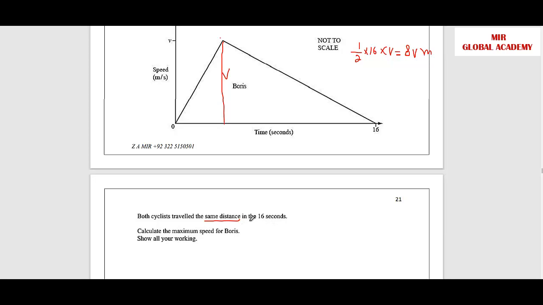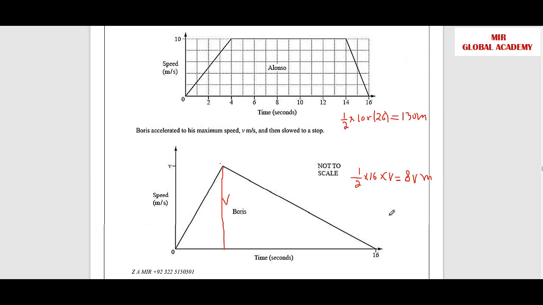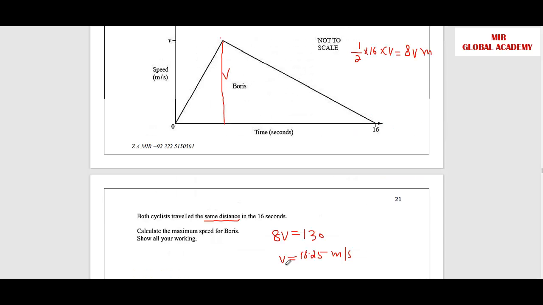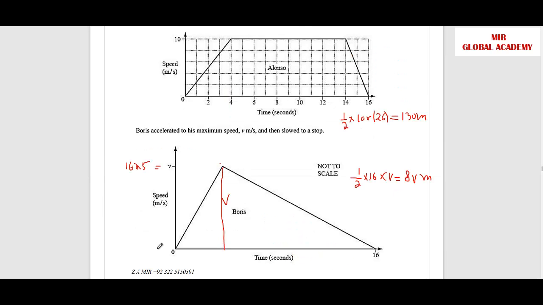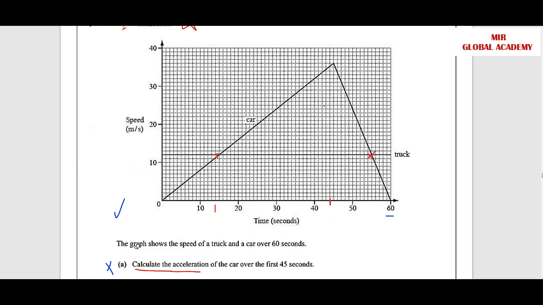So the areas of both diagrams will be equal. Therefore, 8V will be equal to 130. So V will be 16.25 meter per second. Therefore, the maximum speed of Boris will be 16.25 meter per second.